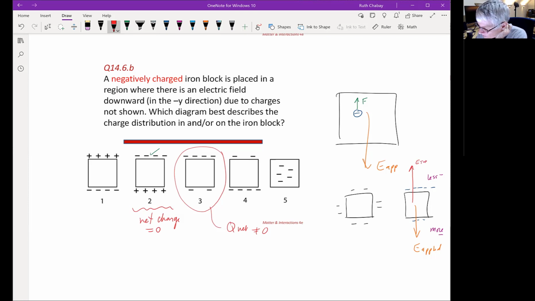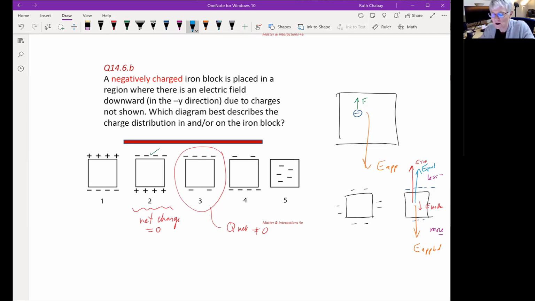The negative charge on the bottom would make one too, and so the sum of those two things would be equal and opposite to the applied field. So yes, the field within the block comes out to 0 because of that.